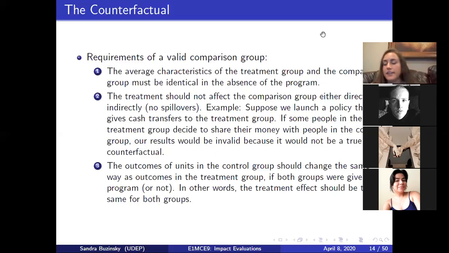But if the next village is 15 kilometers away and I only walk places, then I'm way less likely to share information with them. So if we're treating at the village level, there is way less likely to be spillover effects. These are things we need to think about when setting up an experimental design, and be aware of what the potential spillover effects are and how to minimize them by maybe putting treatments at a larger level.